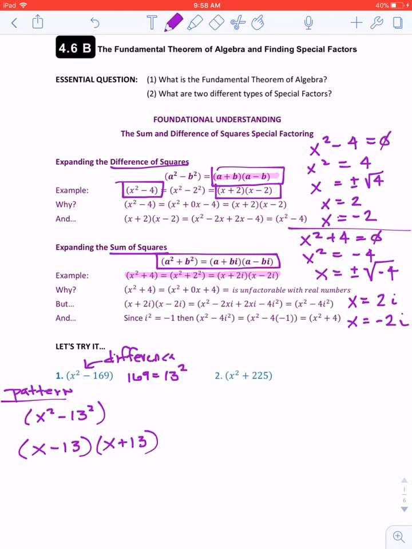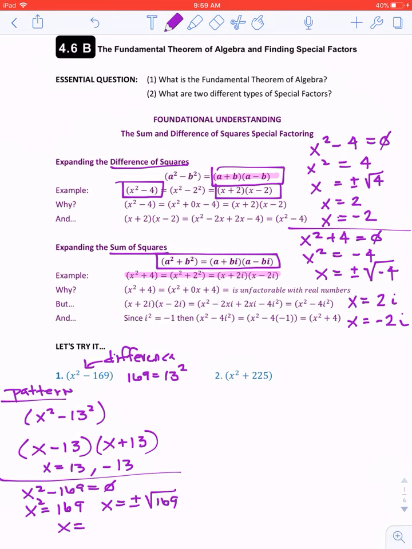So I have x equaling 13 and negative 13. Just to prove it, if you do x squared minus 169 equals 0, we have x squared equals 169. So x equals the positive or negative root of 169, so x equals positive and negative 13.